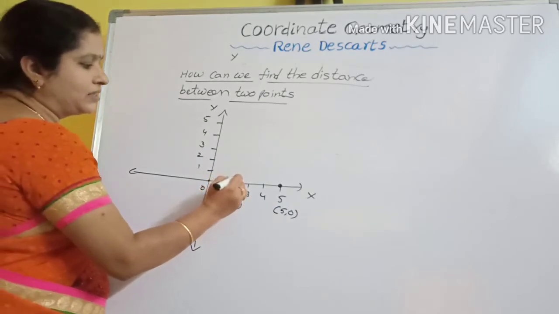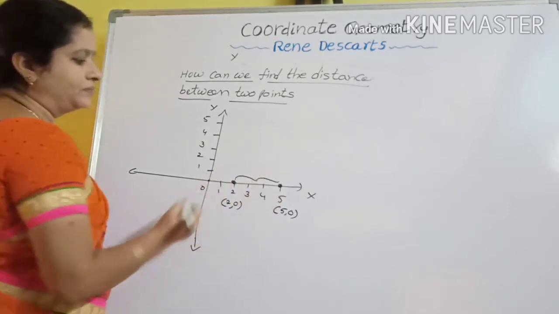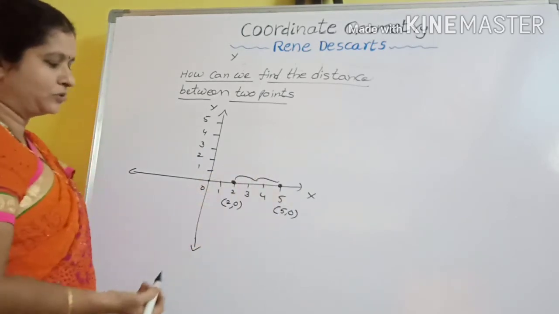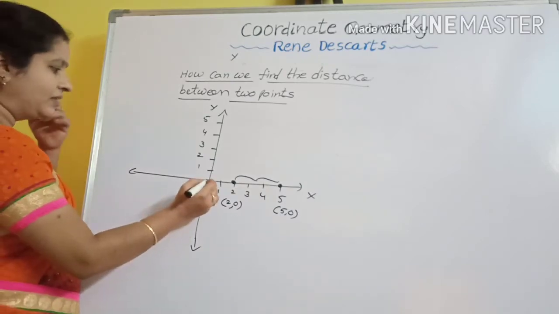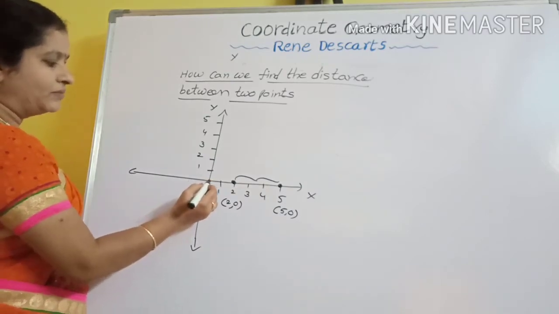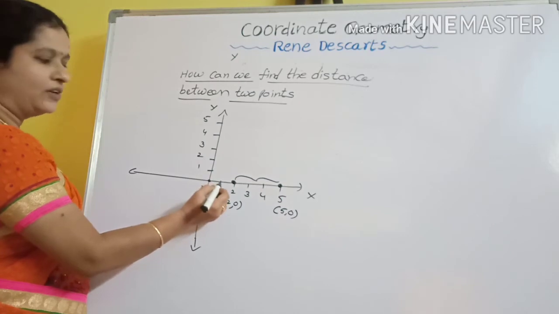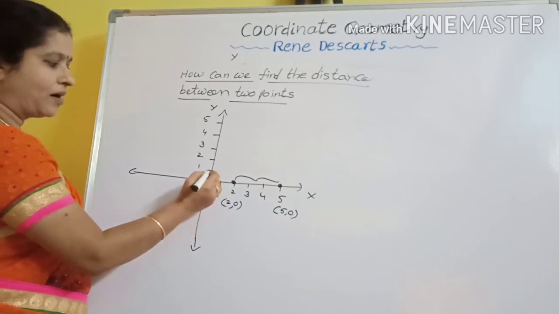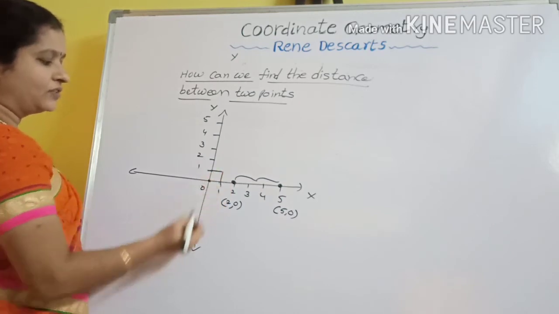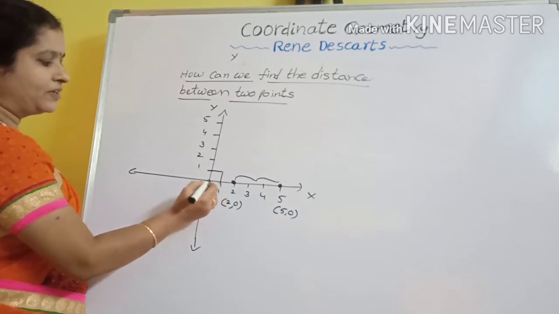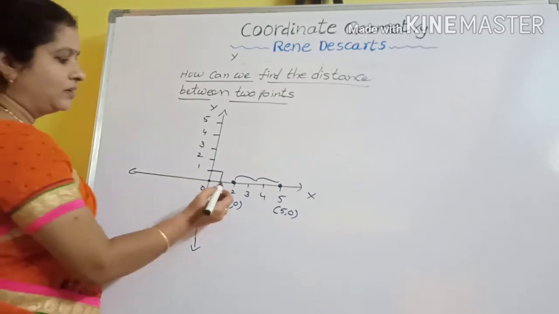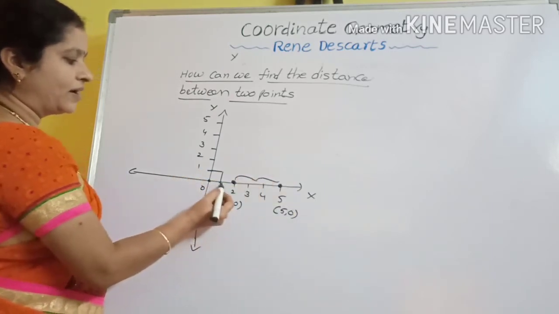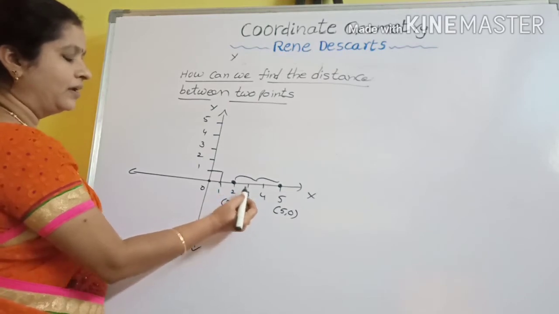So what is the distance between these 2 points? On the graph sheet, from 0 to 1 is 1 unit, which is 1 square box. So all are equal distances: 1 to 2, 1 unit; 2 to 3, 1 unit.